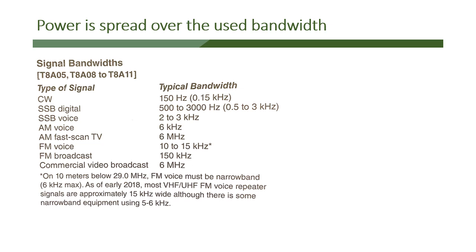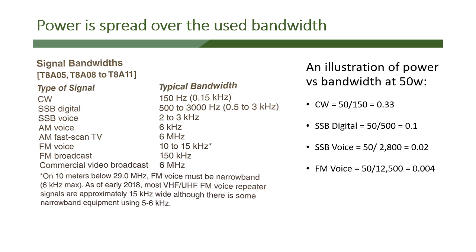But what does this mean when I talk about power spread over the bandwidth? This is not the actual calculation. This is just to give you an illustration, an idea of what's changing as we talk about bandwidth. Let's assume we have a 50-watt transmitter, and let's just assume these are an illustration of power density. If we look at 50 watts divided by a CW bandwidth of 150 hertz, we get a ratio of 0.33.